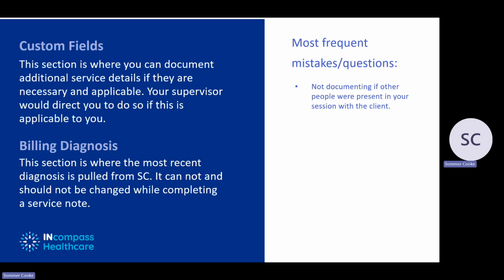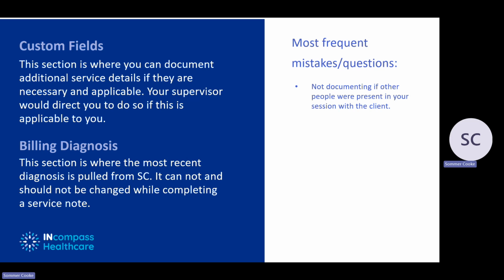The next section is the custom field section. This is where you can document any additional service details that are necessary and applicable. In this section, you'll want to refer to your supervisor who would direct you to do that if this is applicable to you. Some of the most common mistakes in this section are not documenting if other people are present in your session with you and your client.